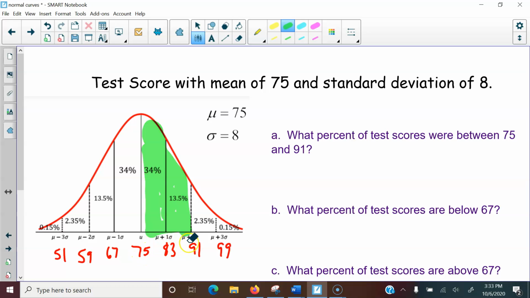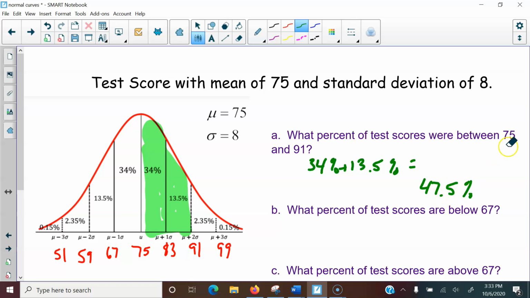To find that percent, we're just going to add together the values that were shown. So we've got 34% in the first chunk, plus 13.5% in the second chunk. That's going to give us 47.5% of the test scores between 75 and 91.